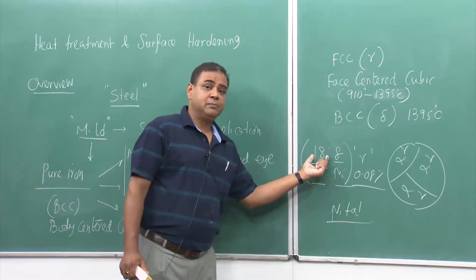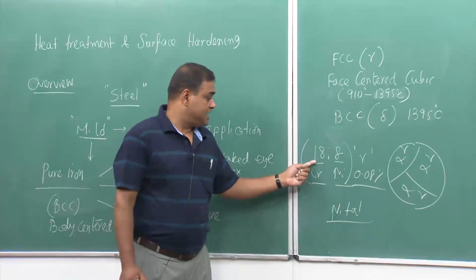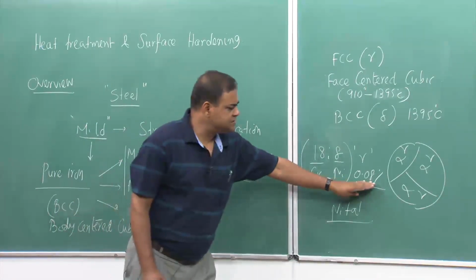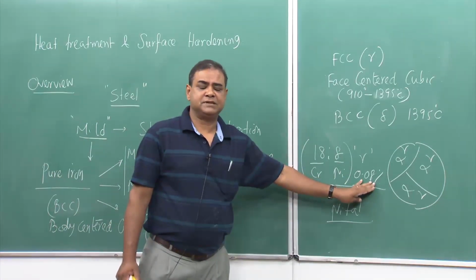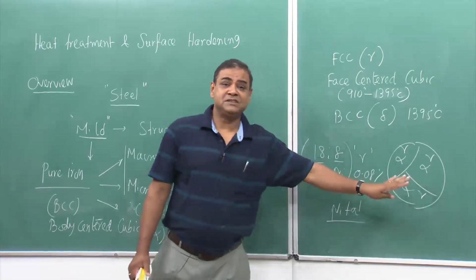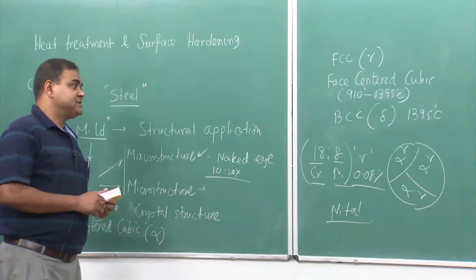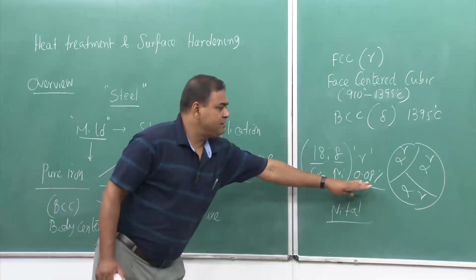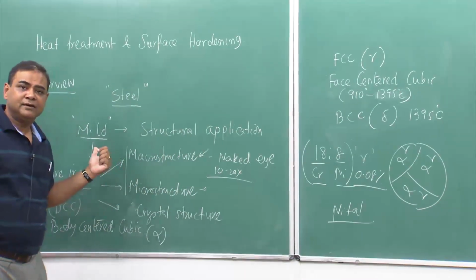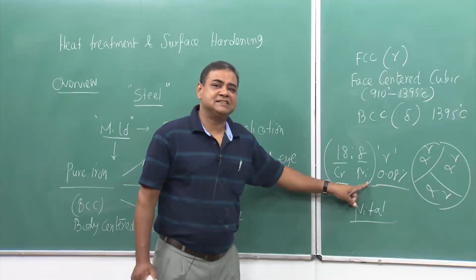This 18% is weight percent, and 8 weight percent, that is, 18% chromium and 8% nickel. The carbon content is pretty low, 0.08%, but their structures are different. Interestingly, if we consider the tensile properties, here it will be higher than normal iron, but the purpose of making stainless steel is different.